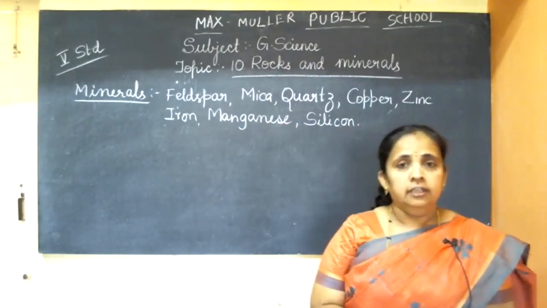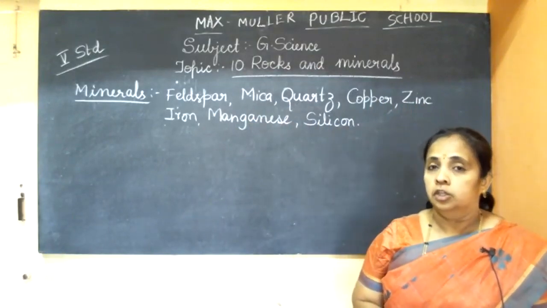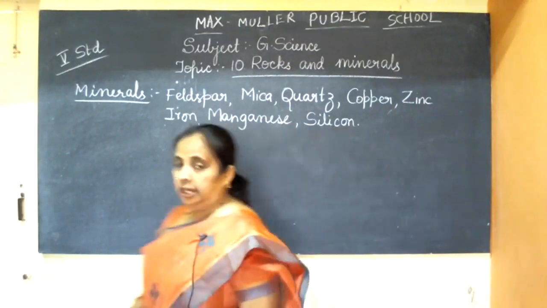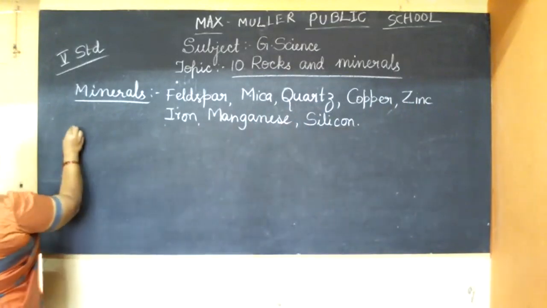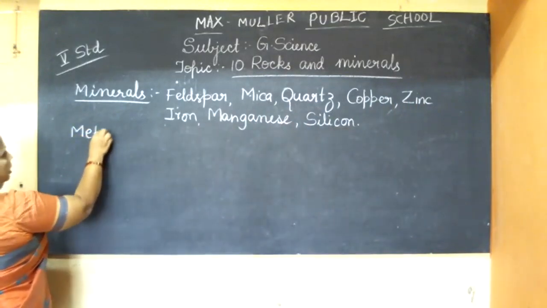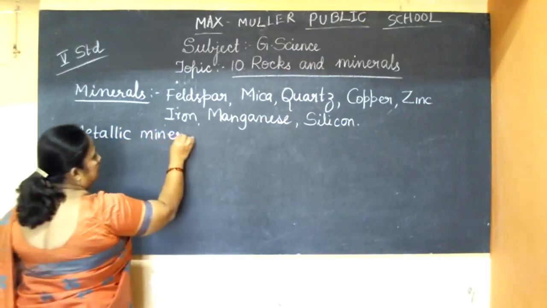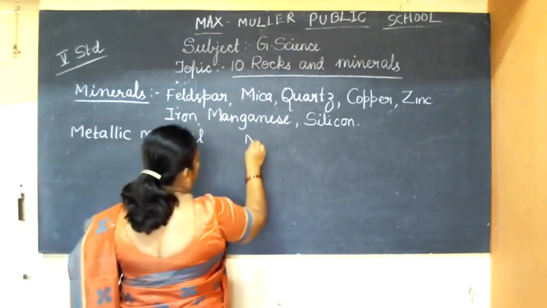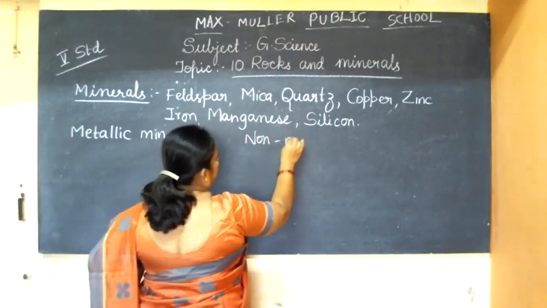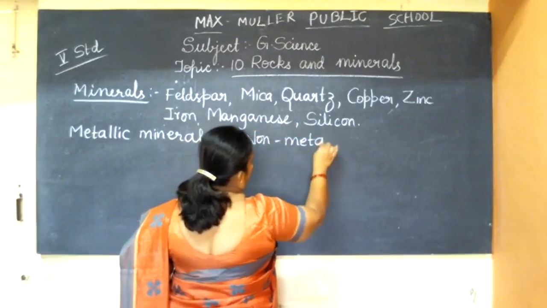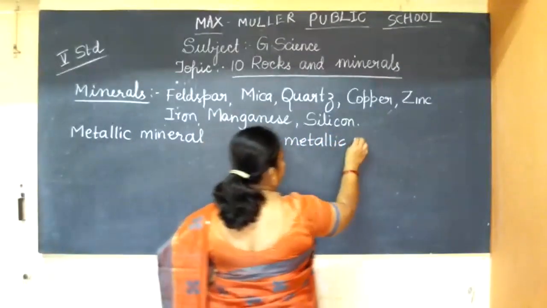In these minerals, there are two groups. One is called metallic minerals. The other one is non-metallic minerals.